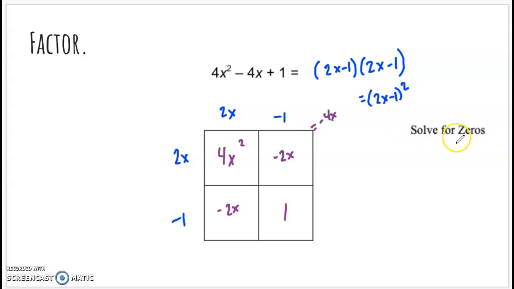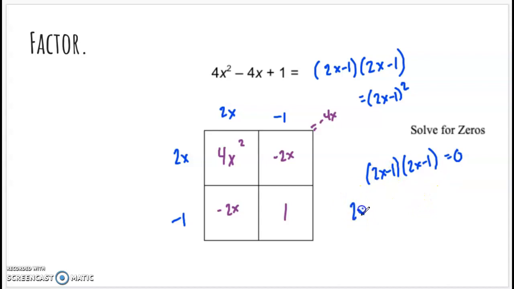If I want to solve for my zeros, remember the zeros are those x-intercepts. We often call them the solutions. Sometimes they're even called the roots of our quadratics. So you'll just take that factored form, 2x minus 1 times 2x minus 1, set it equal to 0, and solve.